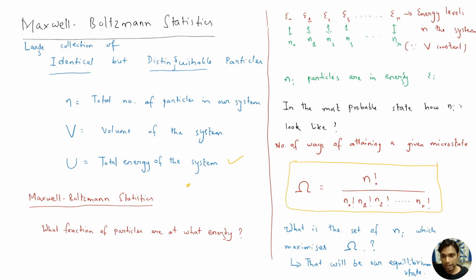What is the statement of classical statistical mechanics? It says that the equilibrium state is the one for which this is maximum. So this will be maximum if we can find that set of N0, N1, N2, up to Nr which will maximize the omega. So now the task is to find the maximum of this omega.